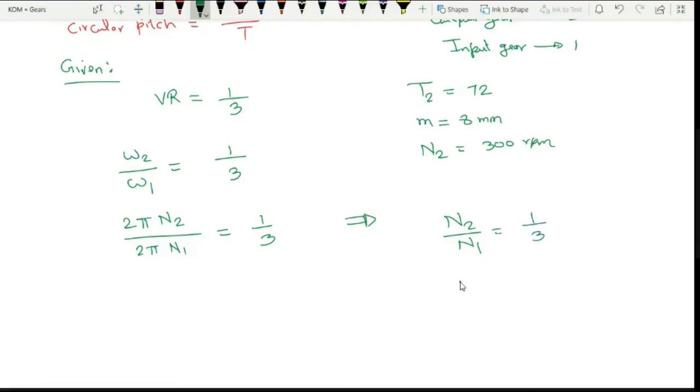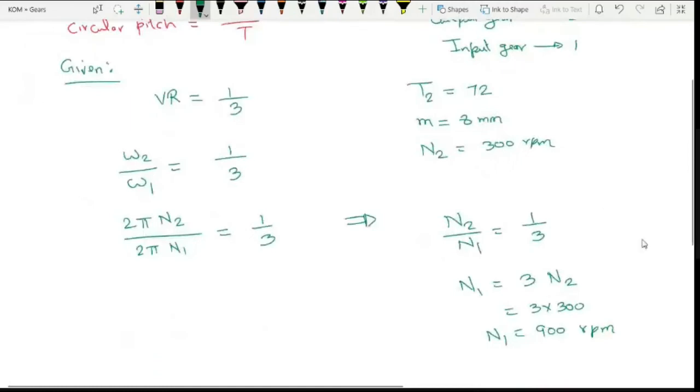So what is your N1? It is 3 into N2, which is 3 into 300, so we get 900 RPM.